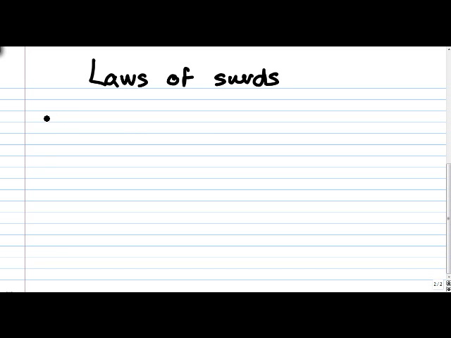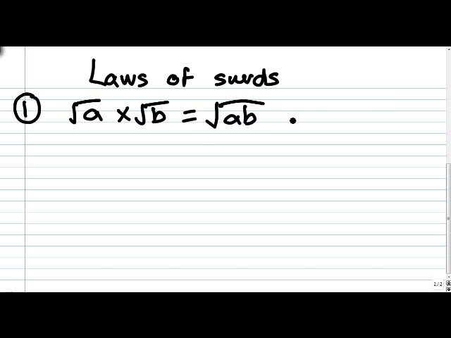If you take rule 1, if you take square root a times square root b, you can actually multiply it and call it square root ab. This is called the multiplication of surds.